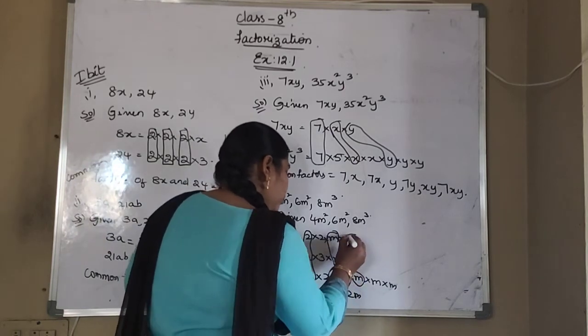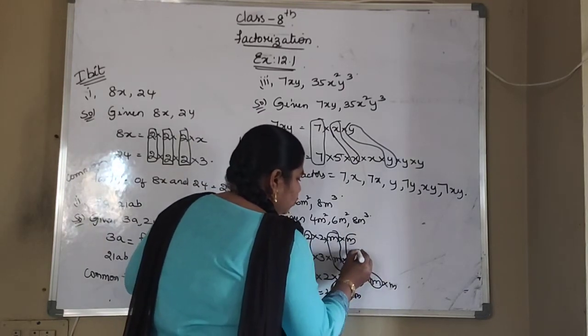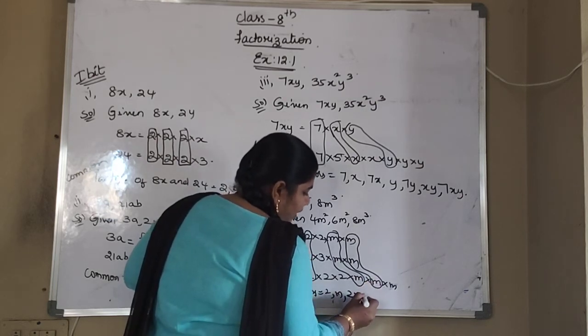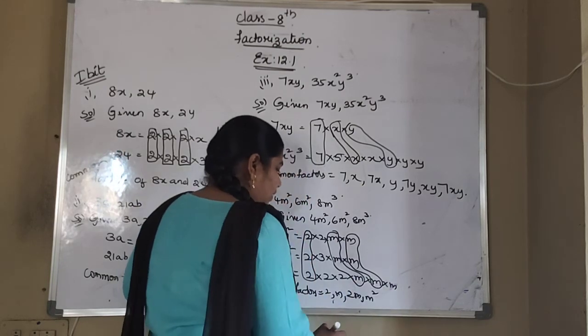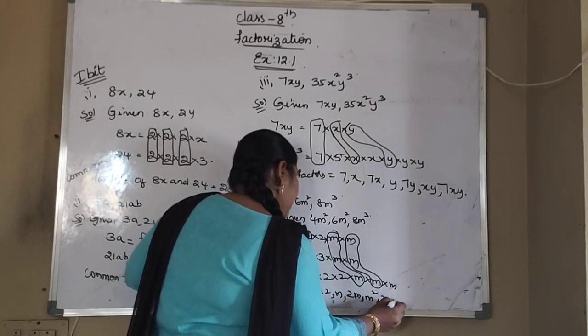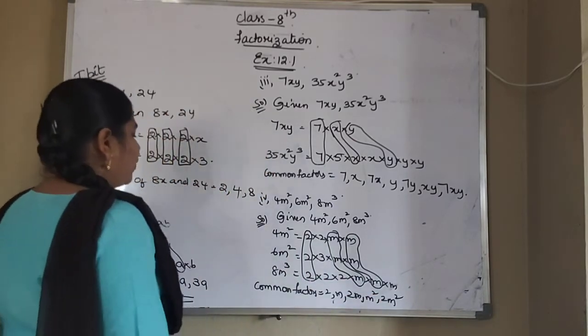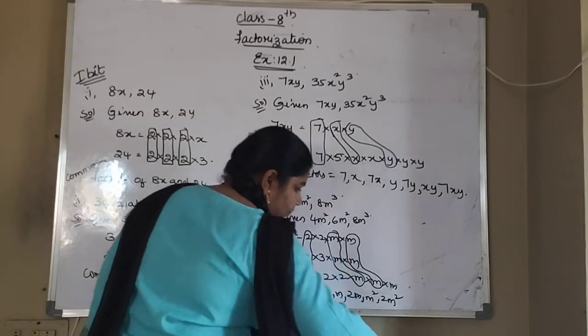Next, one more m is there, so m into m, m square, is one common factor. And 2m square is also a common factor. So this is our fourth bit.